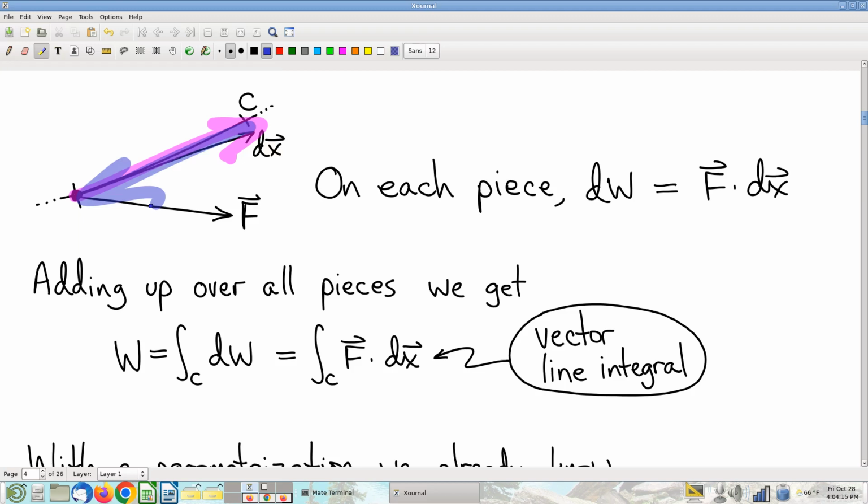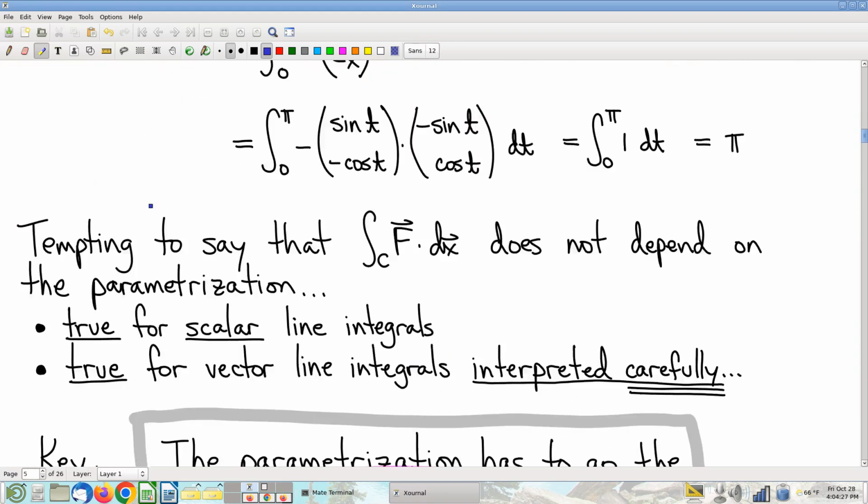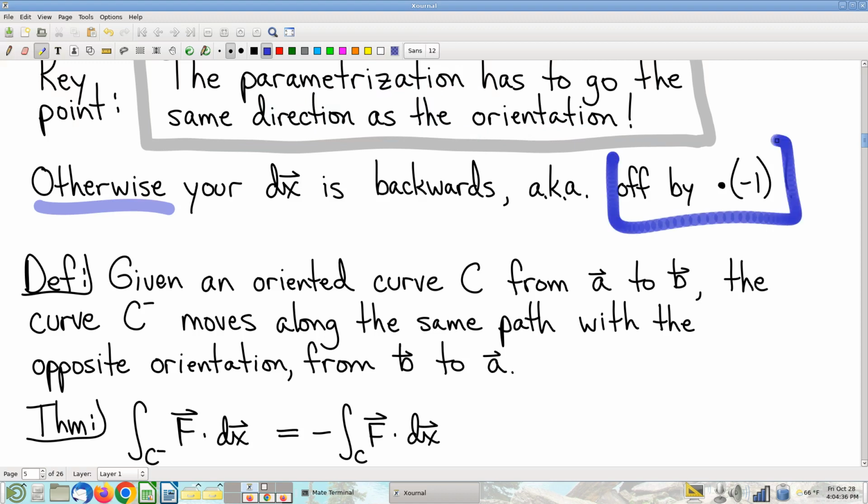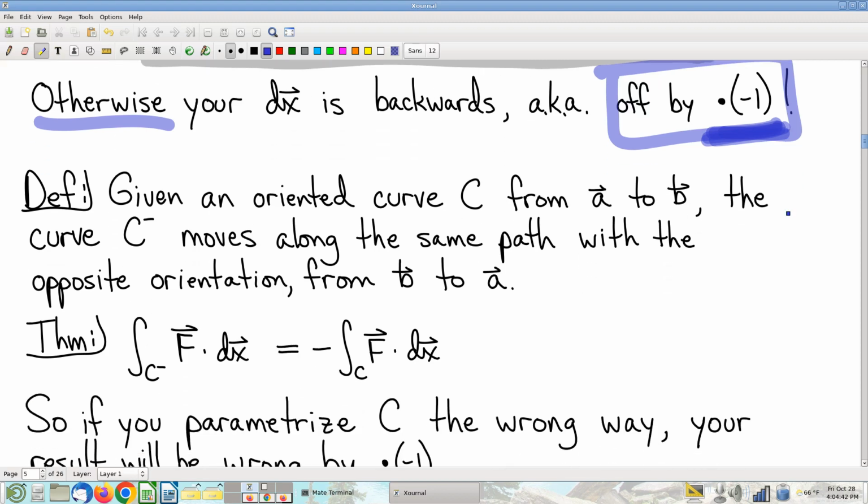In each of the terms of this Riemann sum, you will have exactly the negative of what you should have because your dx vectors are pointing exactly backwards. So, in fact, you will get not only a wrong answer, you will get exactly the negative. If you parameterize backwards, you will get exactly the negative of the answer that you should have gotten. And this is a theorem in the book.